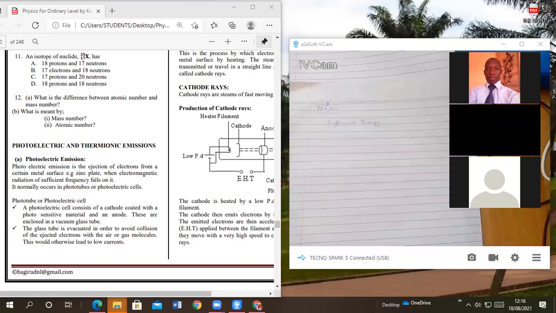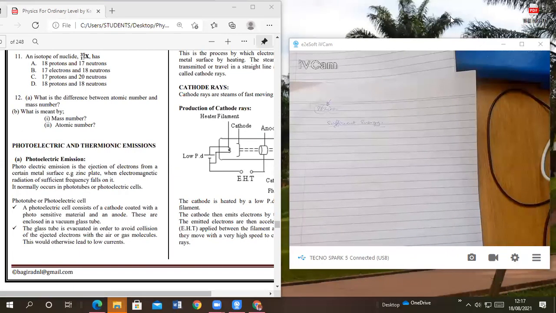Some are green, some are red, some are white. If the electrons strike the color or the powder inside those tubes, then that powder glows and it produces light. But the main element is that there will be electrons inside them. So photoelectric cells are one of the applications, and we shall see how these photoelectric cells are able to produce electrons.